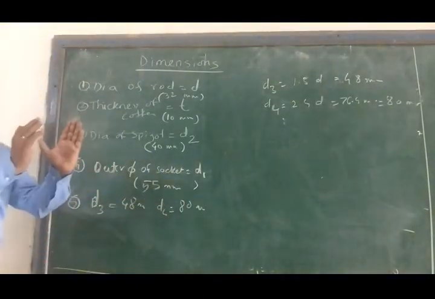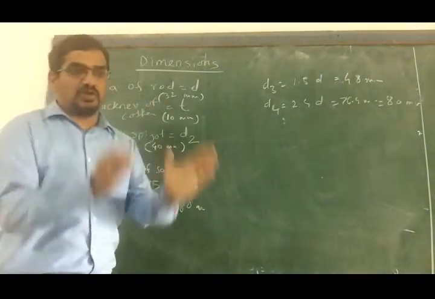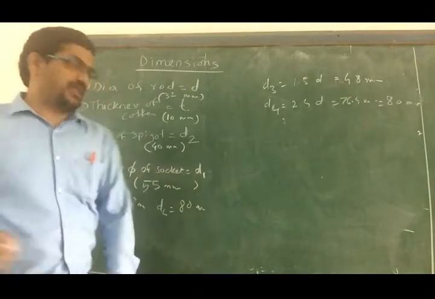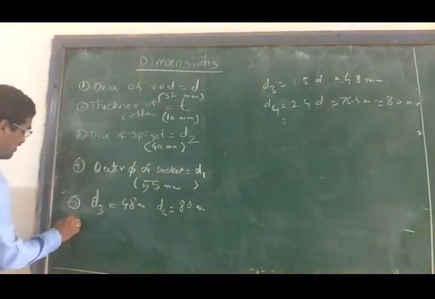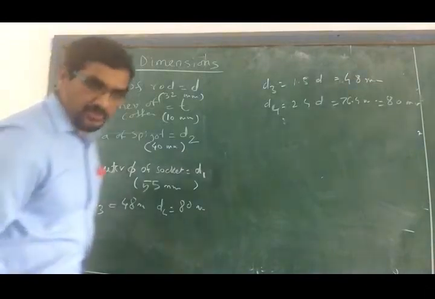Now we have to find out first A, then the width of the quarter, and then C. So the next stage is finding A and C. Let me just quickly grab the chart.